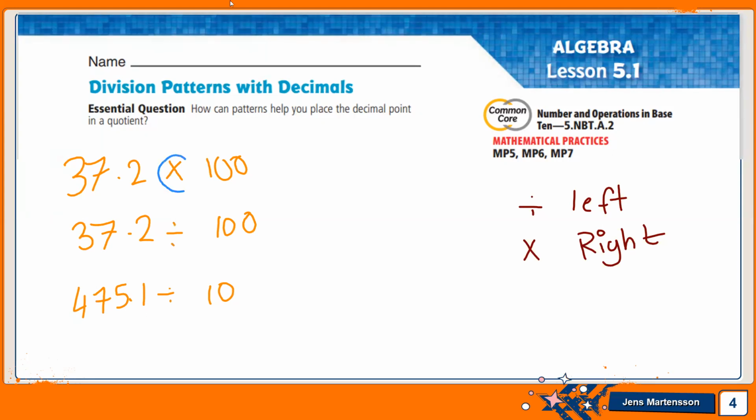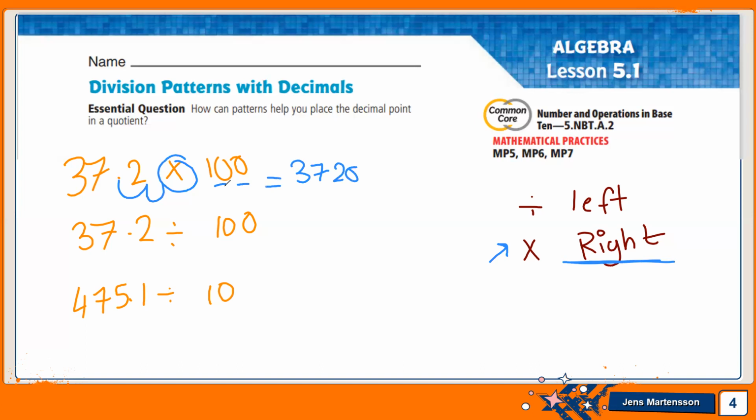Do we have a multiplication or division? Multiplication. Then I remember that if it is multiplication, I have to move the decimal point to the right. How many zeros do we have? We have two zeros. So how many digits do we have to move to the right? Two. Bravo. So here I will say 1, 2. So it's 37.20. This is as we said before.